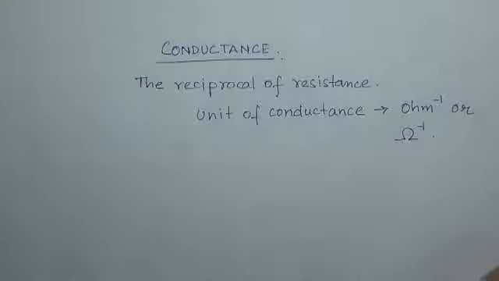Okay, so this is about conductance. Now since we have discussed Ohm's law, also we should know how to prove Ohm's law, or how to show Ohm's law in the form of a graph.